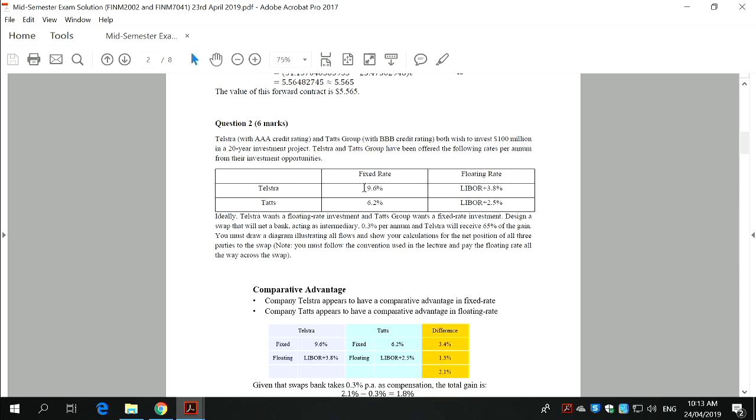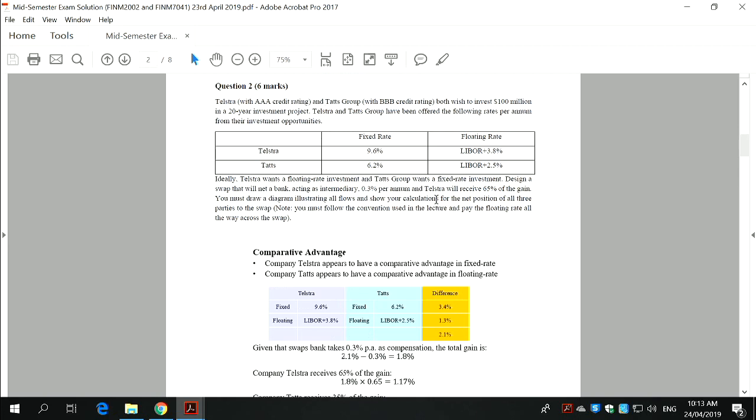Looking at this table, the highest possible fixed rate of return Telstra can get is 9.6%, and the highest possible floating rate of return Telstra can get is LIBOR plus 3.8%. And Tesla Auto has a fixed rate of return of 6.2%, and a floating rate of return of LIBOR plus 2.5%. Okay, so you were told that the swap bank will take a 30 basis point cut as commission, and Telstra will receive 65% of the gain, and the remaining gain goes to Tesla Auto.